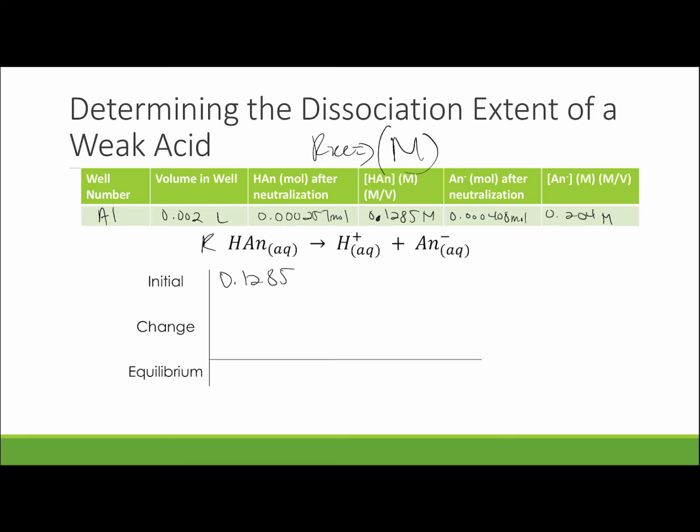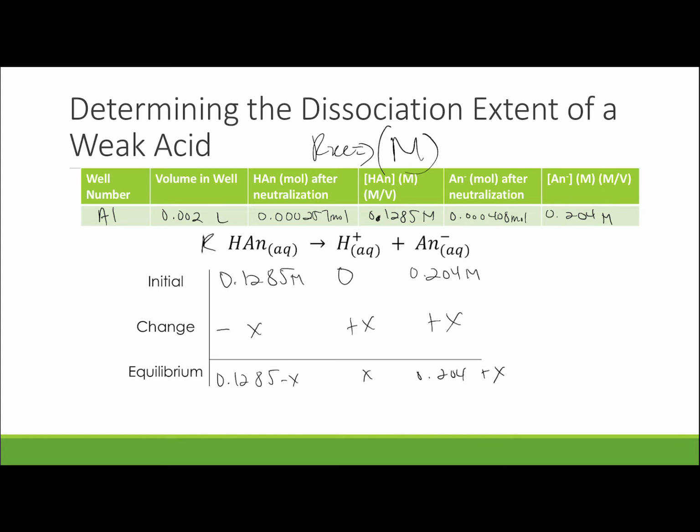We have not dissociated anything, so we have a 0 for our hydronium. And then we have 0.204 molar of our conjugate. We're going to minus x, plus x, plus x, giving us 0.1285 minus x, and then 0.204 plus x.